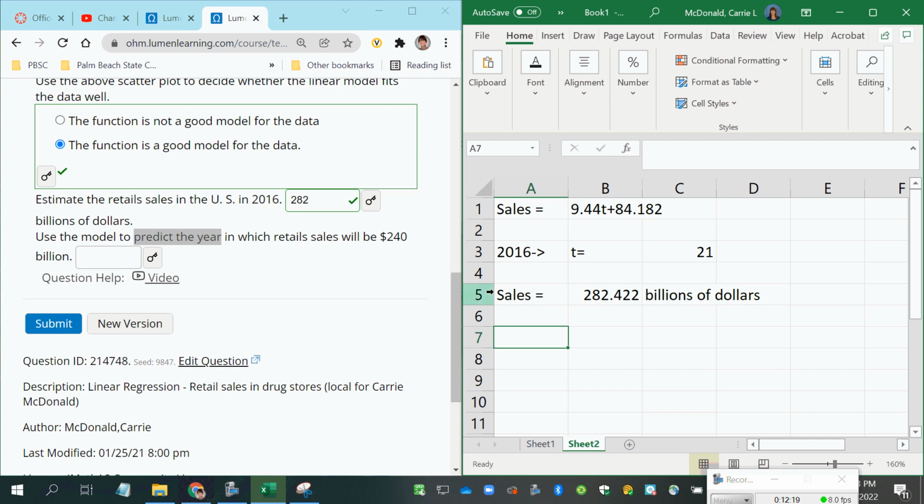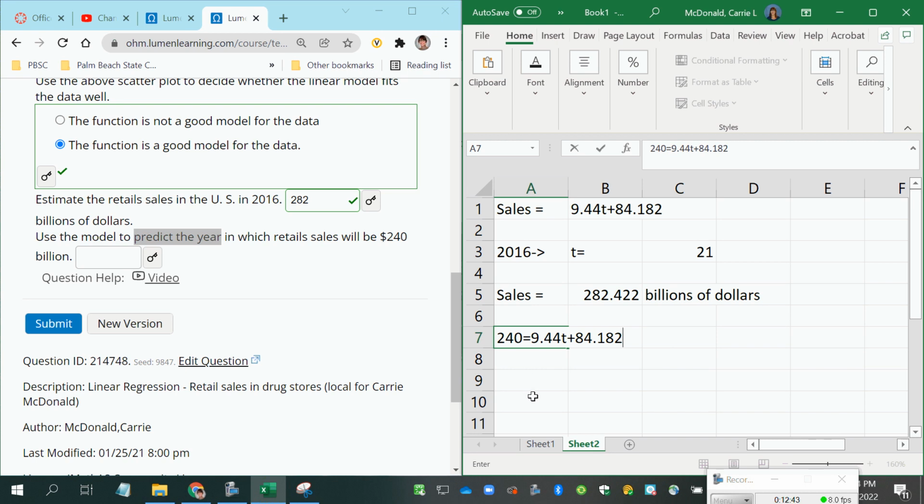So now I've been given the sales, so I'm going to replace using the same formula up here. I'm going to write my sales as 240, and that's going to be equal to 9.44 times t plus, oh, I totally messed that up. That was supposed to be 84.182, right?